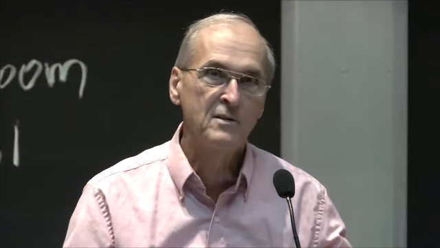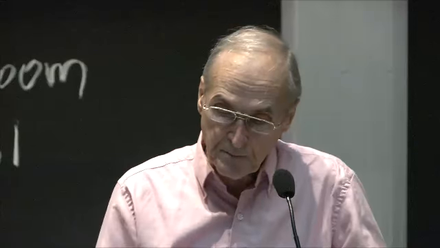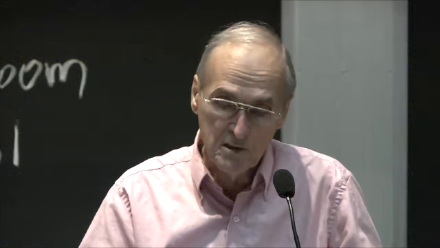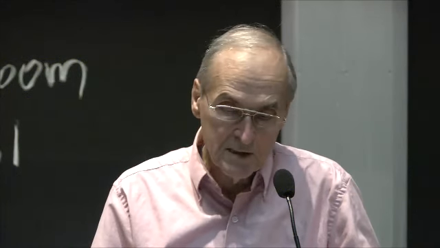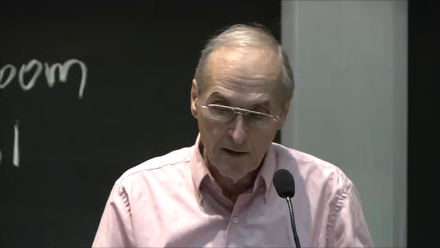So I'm agreeing with Andrew, not because I know anything about Basque, but because I think he has some good arguments that seem to me perfectly fine, that you have a clitic complex, in fact. And then you get a constraint that determines the order according to the hierarchy.